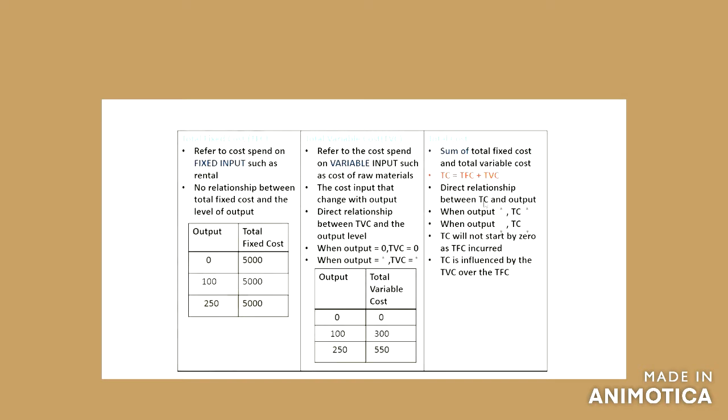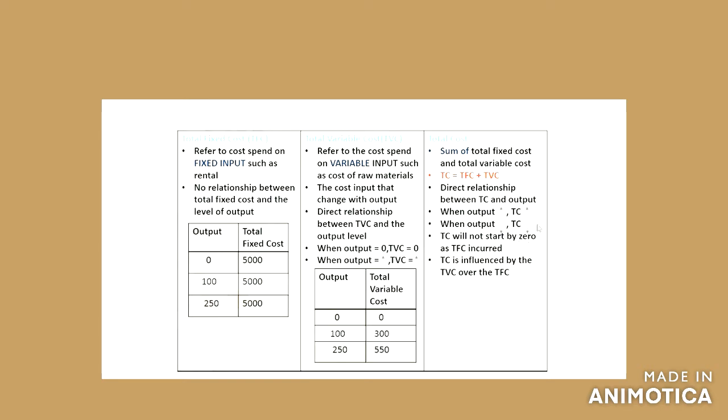So when output increases, the total cost also increases because the total cost is the sum of total variable cost also. So it has a relationship with TVC also. So as we can see, when output increases, TVC increases, so it is the same with total cost. So TC will not start from 0 as TFC is incurred. So TC is influenced by the TVC.